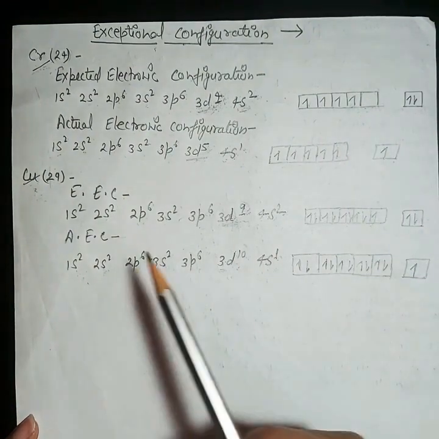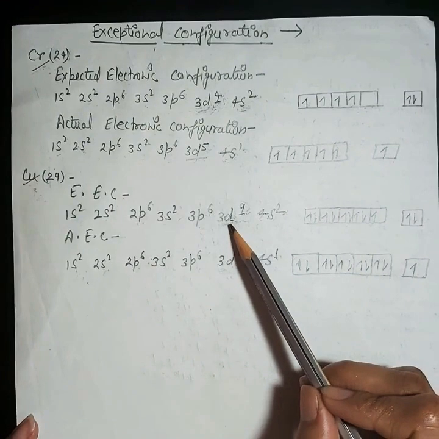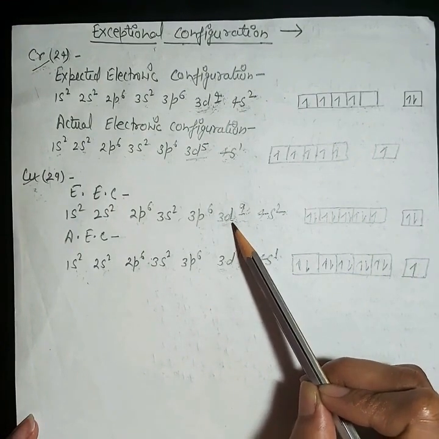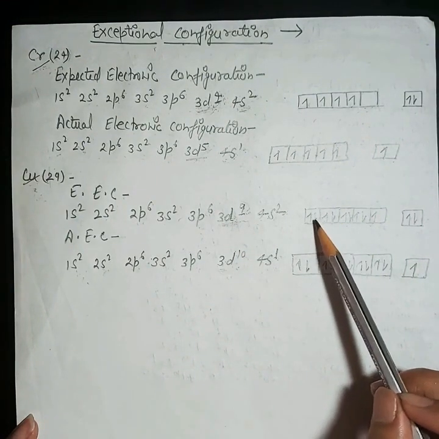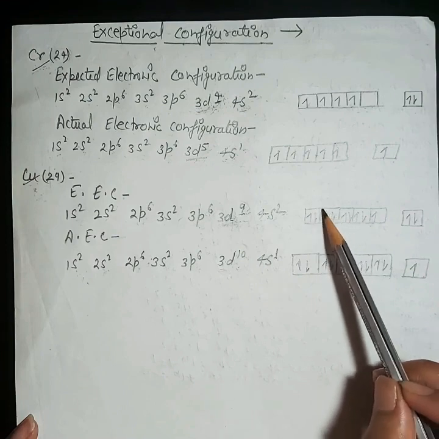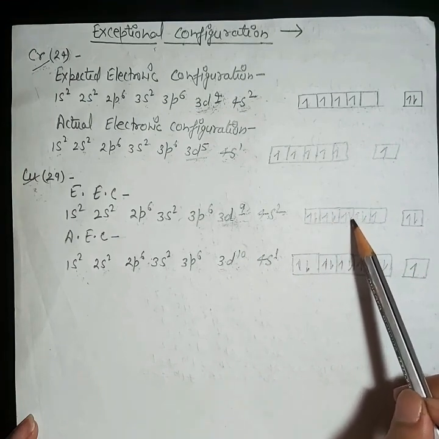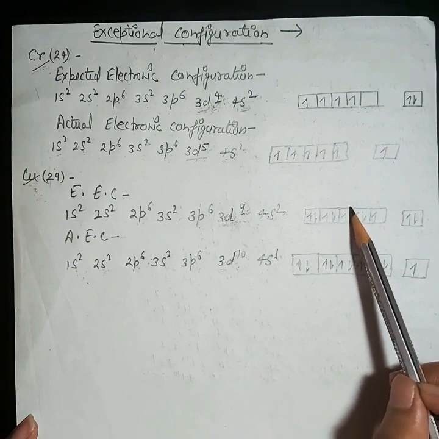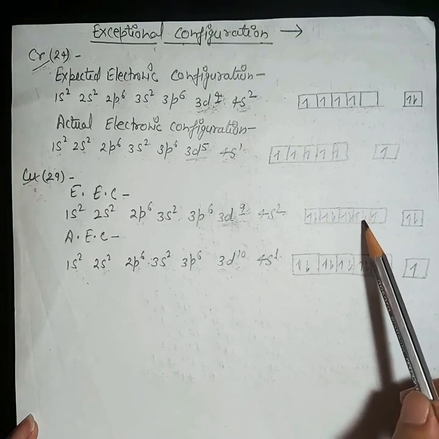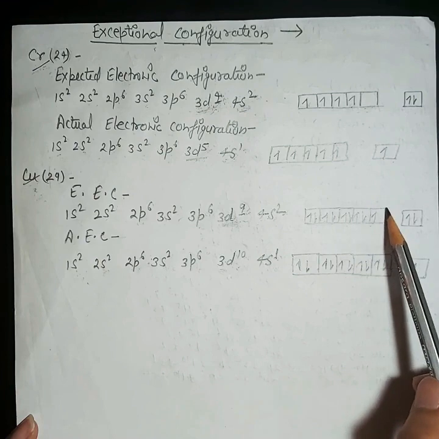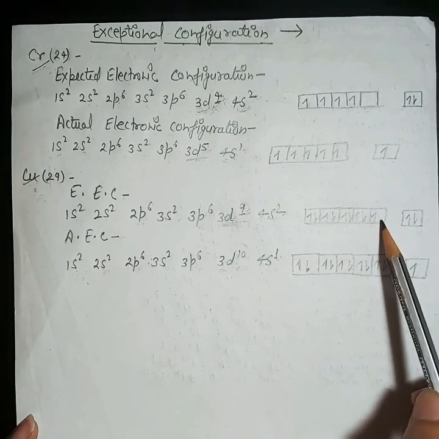Again for copper, if it has 9 electrons in the 3d subshell, then 2 electrons in the first orbital, 2 electrons in the second orbital, 2 electrons in the third orbital, and again 2 electrons in the fourth orbital, but only 1 electron in the last orbital.